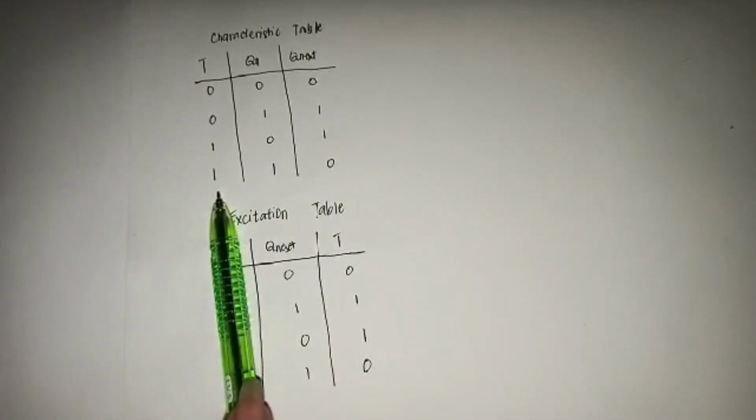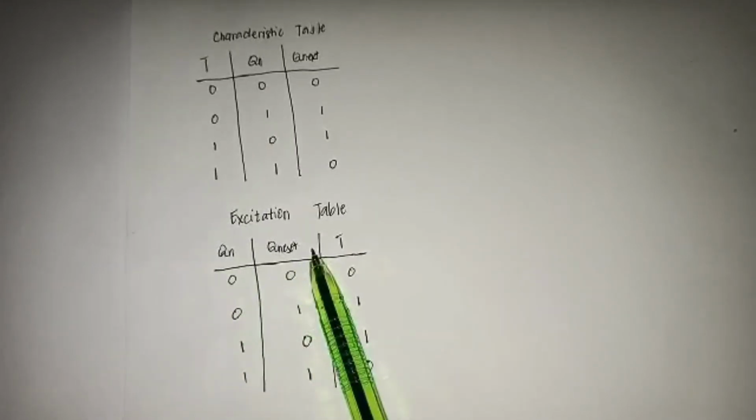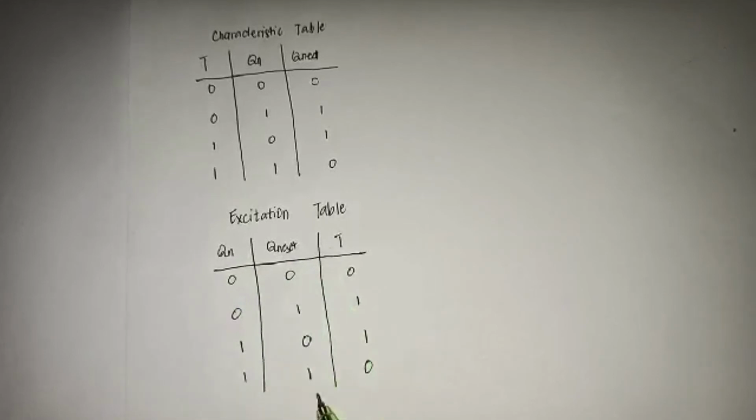And for T is 1, the present output is 1 and the final output is 0, which is also shown here. And next, if T or toggle input is 0, both Q and Q next, the present and final output, are 1 or high.